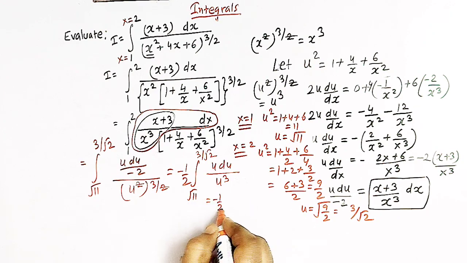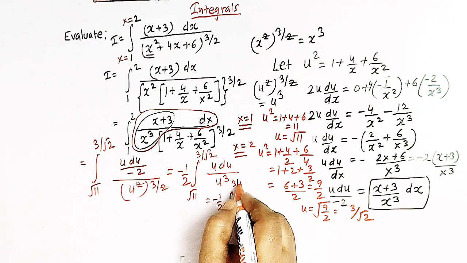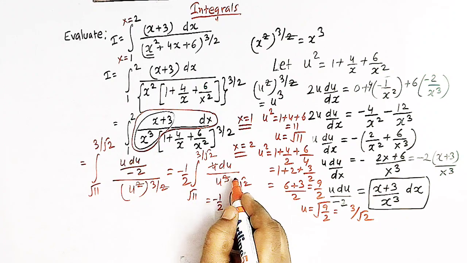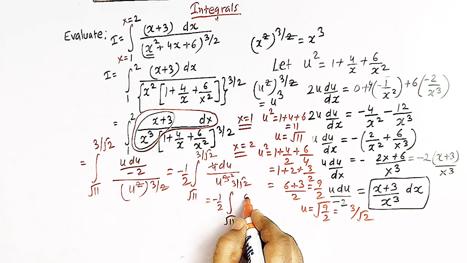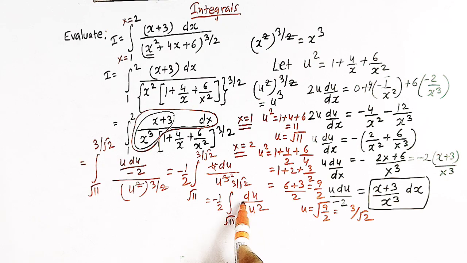So this is minus half and square root of 11, 3 over square root of 2, and here this u gets cancelled, and here we are left with du over u square.